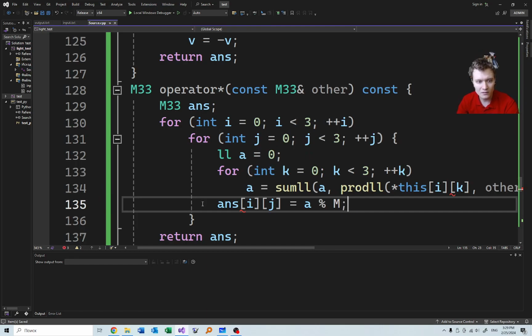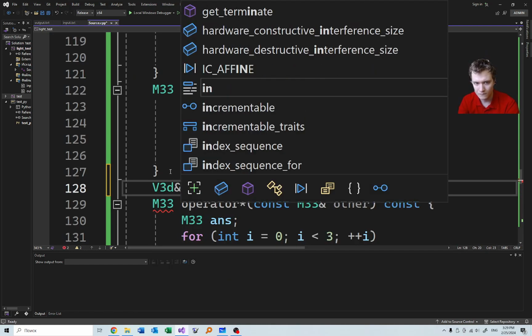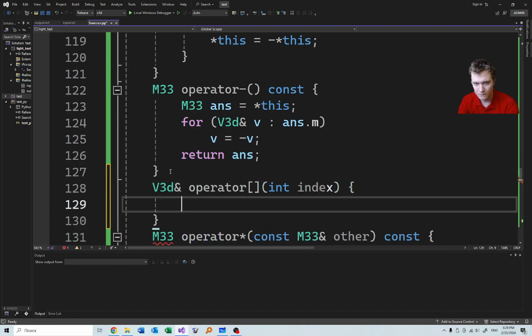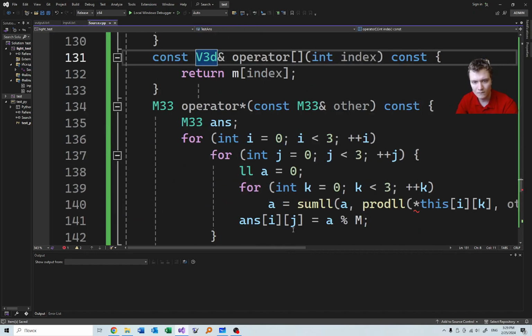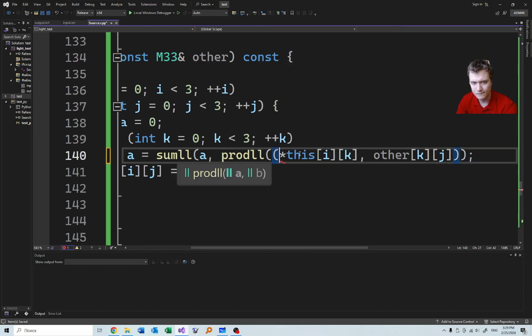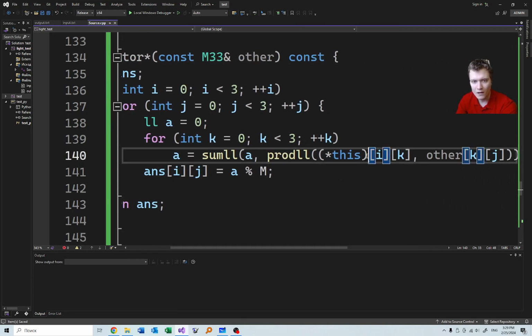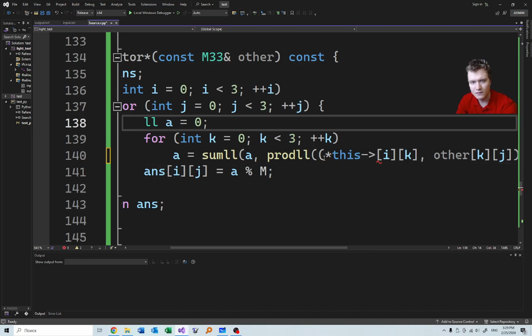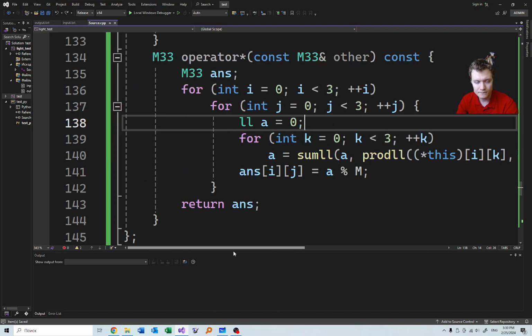write the operator square brackets. Is it done like this? No, it's not. Okay. Let me think.